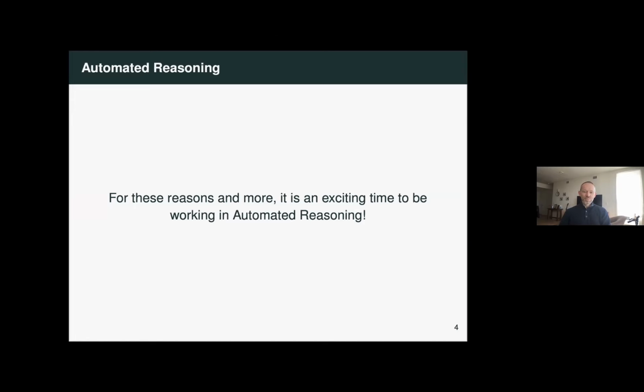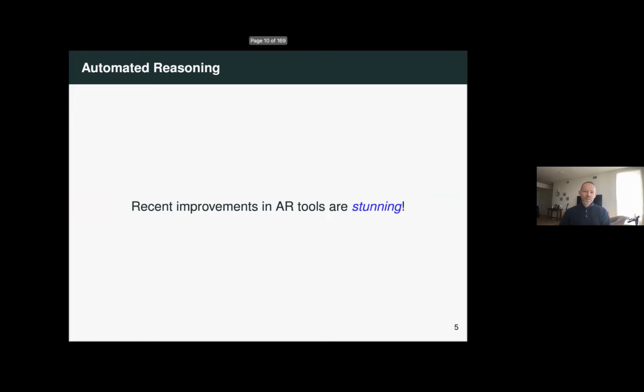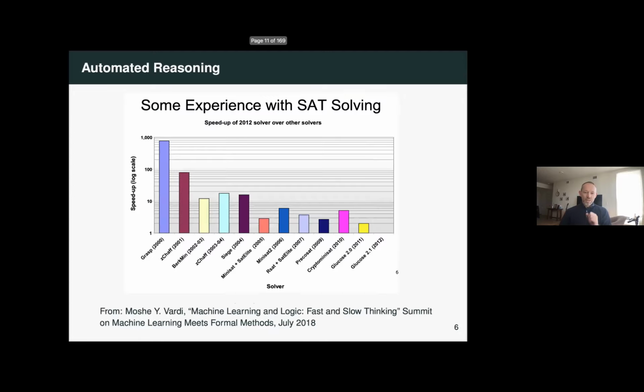So it's an exciting time to be working in this field. And one of the reasons it's exciting is that the improvements in automated reasoning are really quite stunning. So just to give you a flavor, and some of you have probably seen these results, this was a study that Moshe Vardi did. It's a little dated now, but if you did a similar study for the last 10 years, you'd see the same thing.